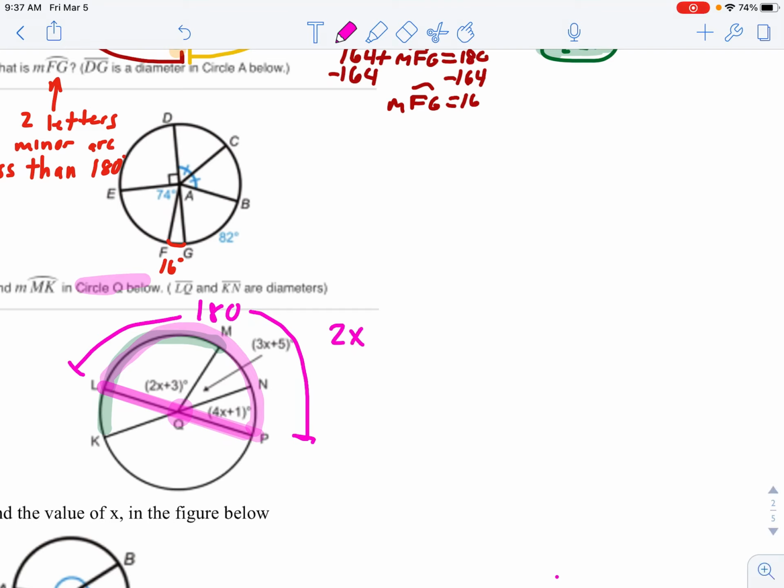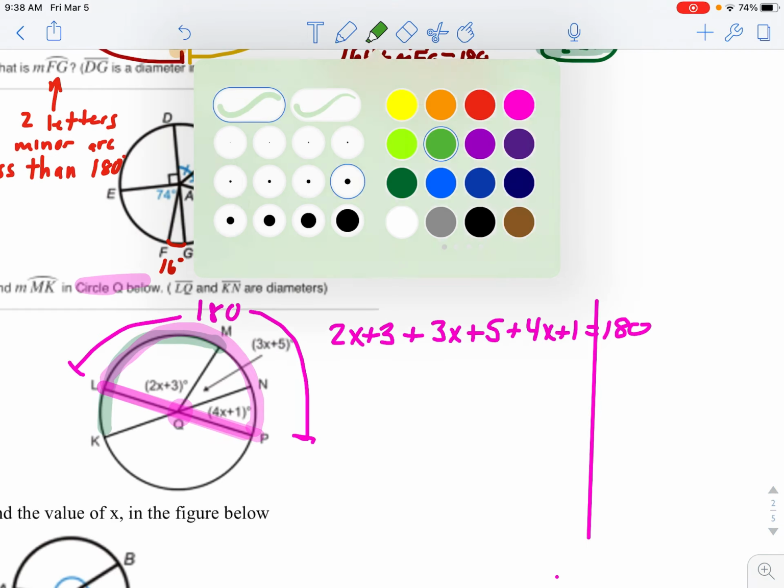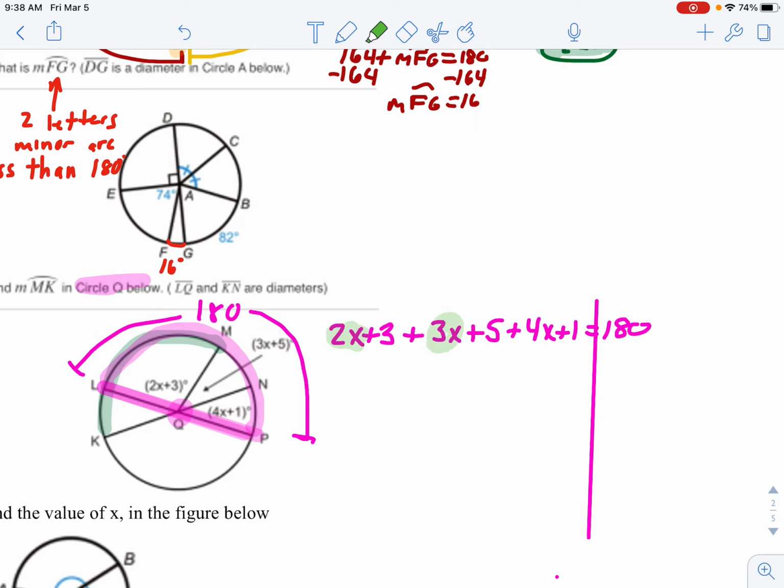So all I'm going to do is add all those individual parts together: 2x plus 3 plus 3x plus 5 plus 4x plus 1 equals 180. Combine like terms. 2x plus 3x plus 4x gives me 9x, plus 3 plus 5 plus 1, so plus 9 equals 180.